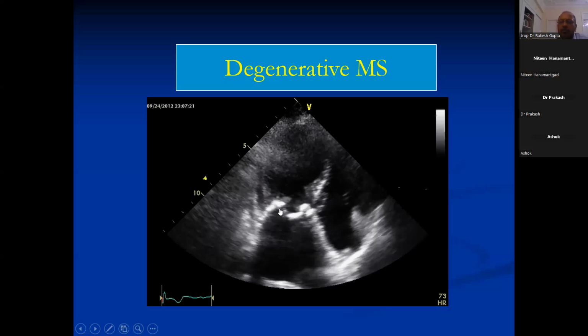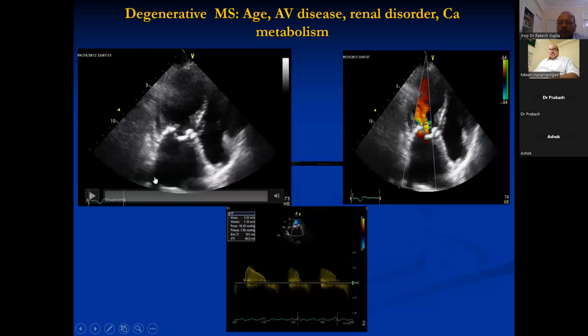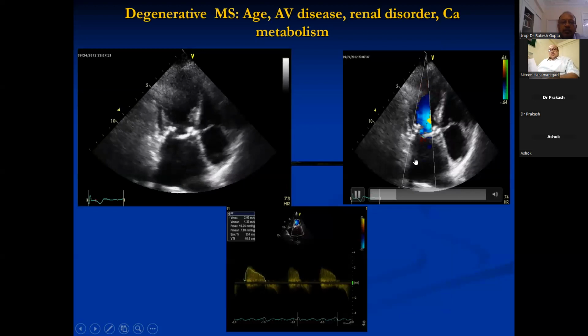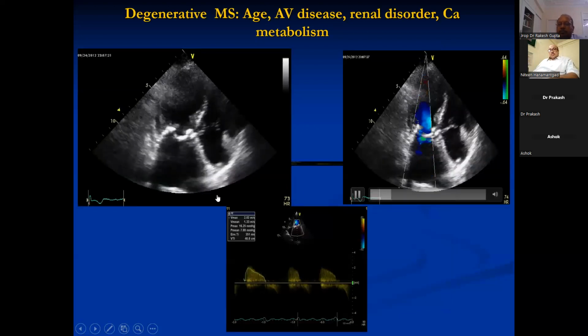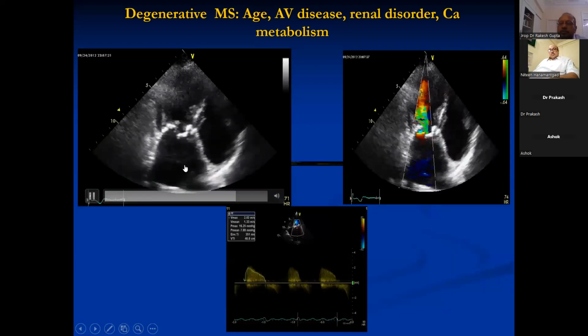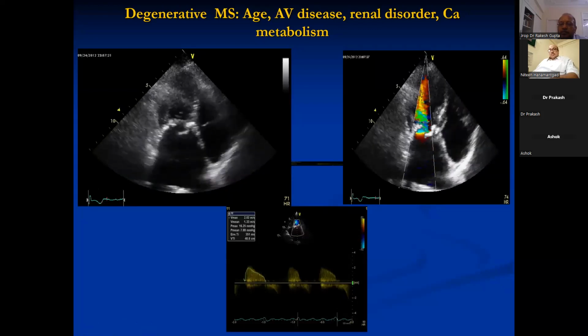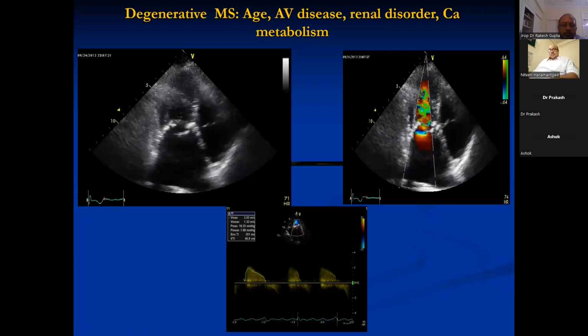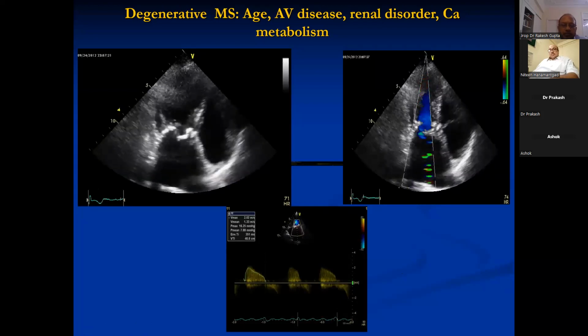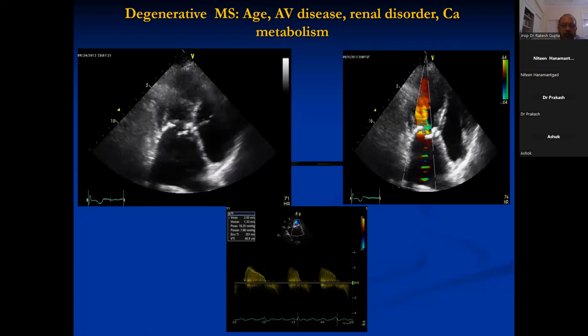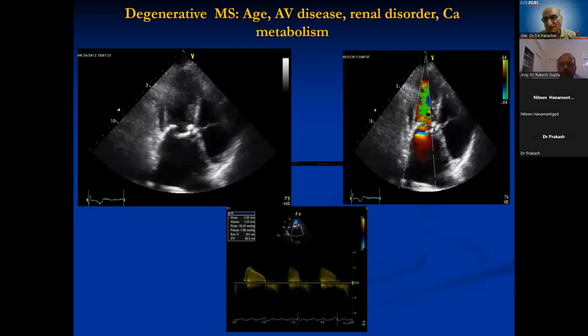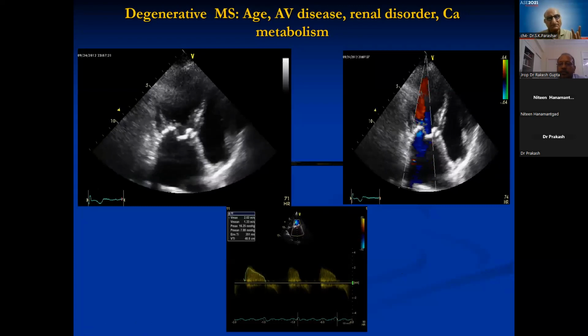Number one, the commissures may not be fused, there is a dense mitral annular calcification, and here you see a turbulence across it, and then you take a mean gradient also. So number one, a univalvular involvement rather than multivalvular involvement.